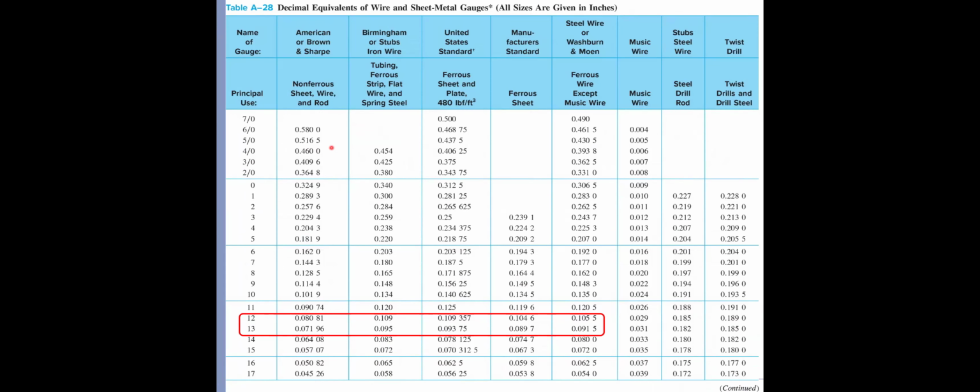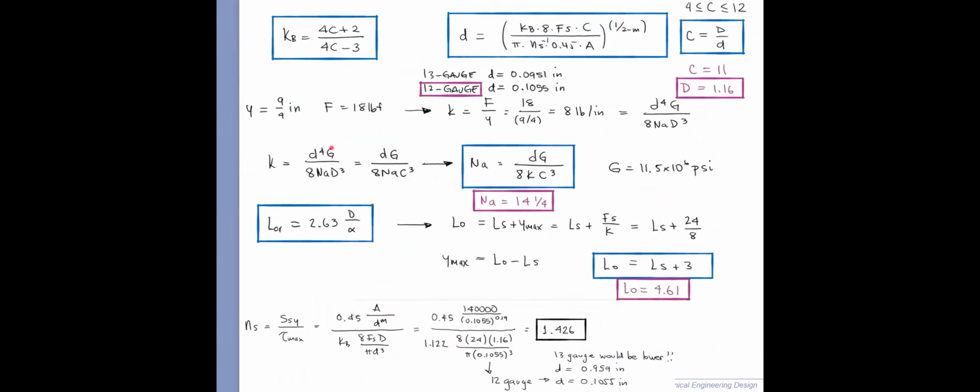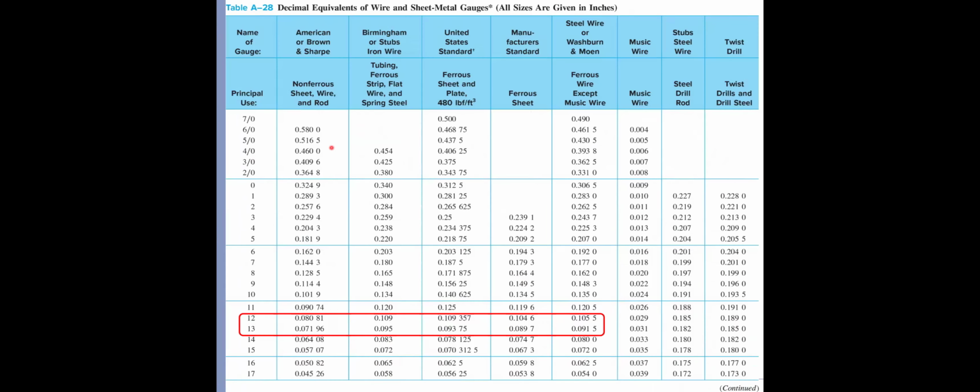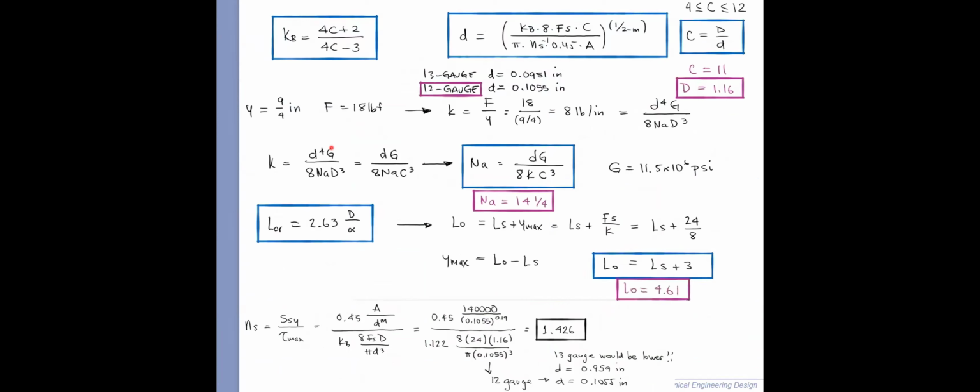Okay, and then we check the table. We have to select the spring, which of these springs we can use.